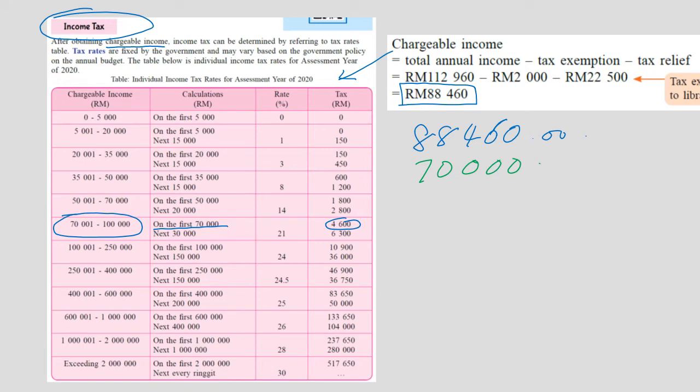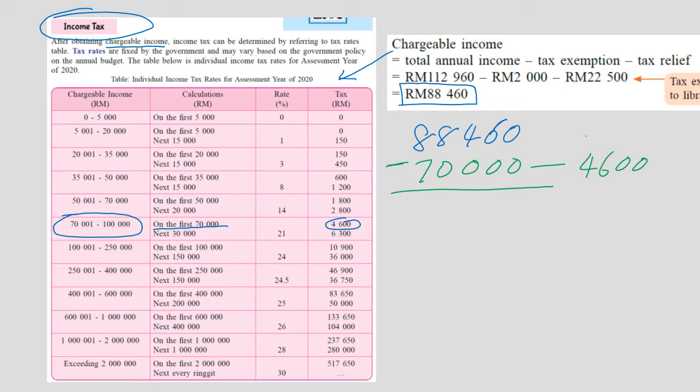So when you minus, what do you get? The first 70,000 will be taxed 4,600.